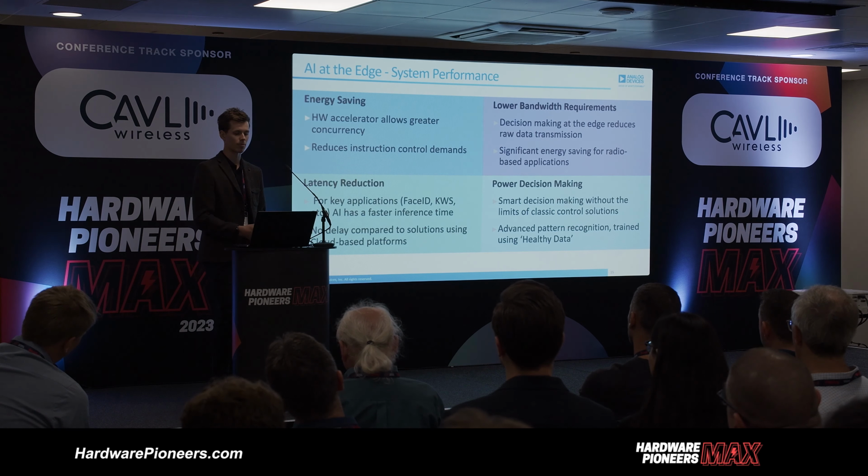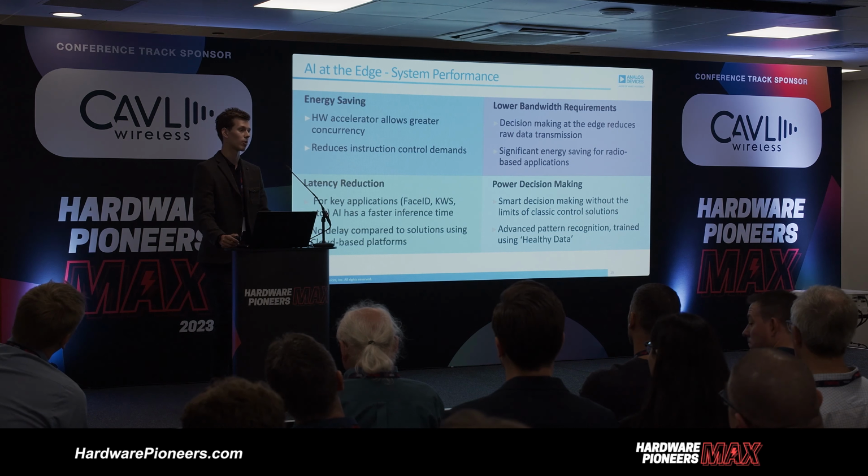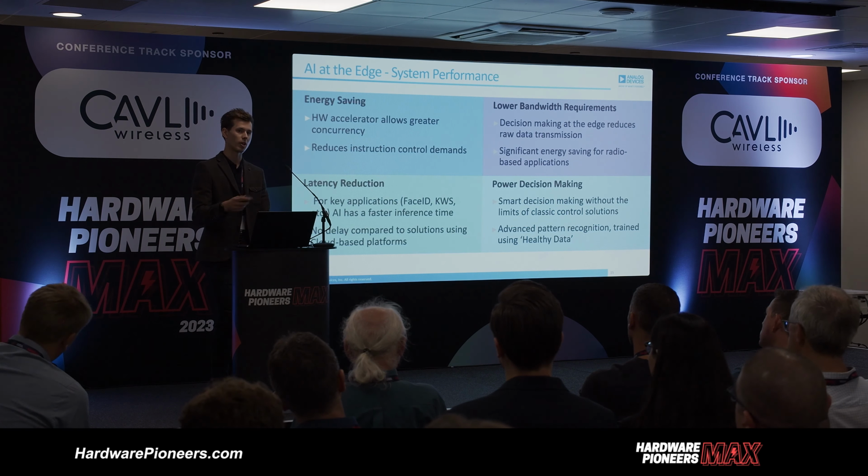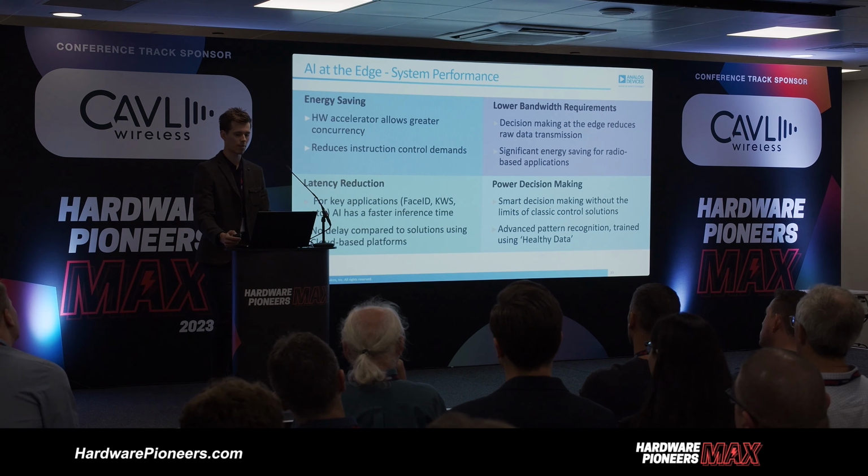And then, as I've already highlighted, powerful decision making, being able to operate and make decisions at the edge, limiting the amount of reliance we have on the central system. And then I'll also go on to talk about advanced pattern recognition and using healthy data to be able to train the models that we use today.